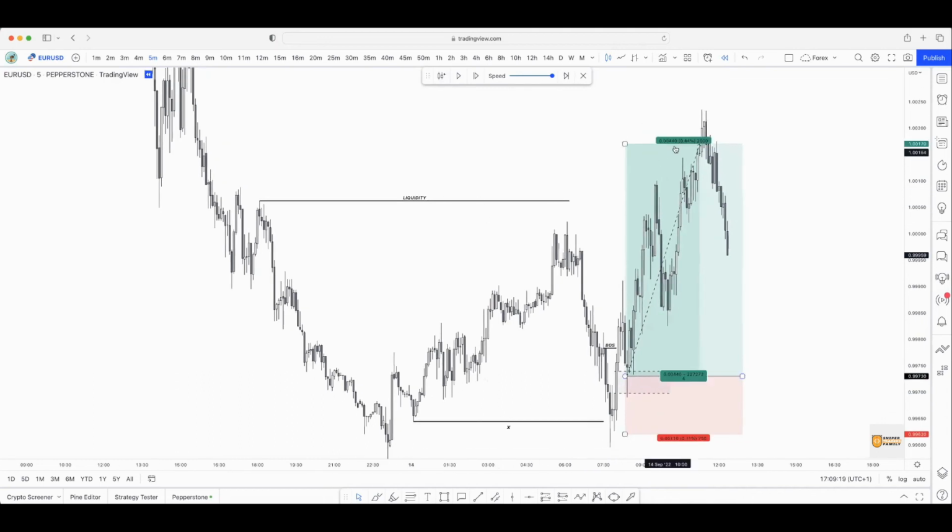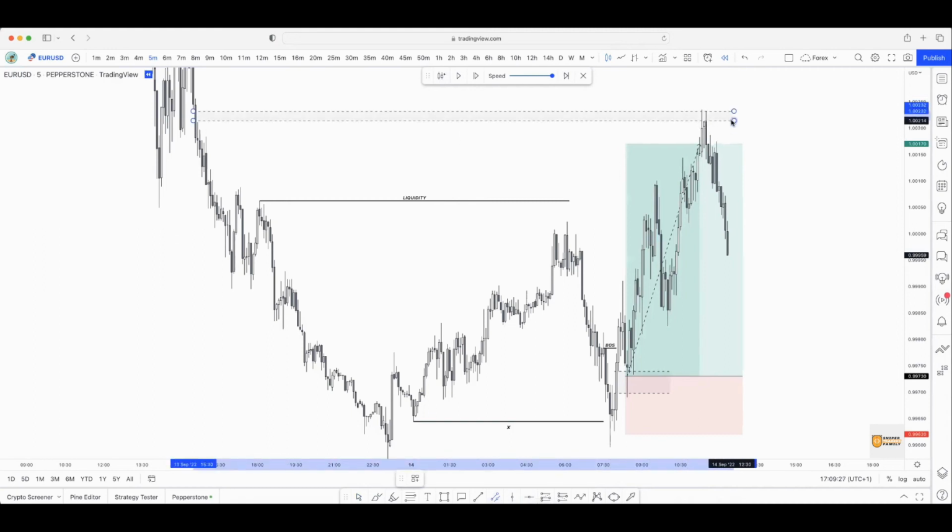But then price came all the way up here and then rejected and then came back all the way down. As you can see, it came into this imbalance and then price just rejected. Right. So that was a trade, Euro USD. I actually got the idea from the DXY. I actually thought this was gonna go way up. You understand?